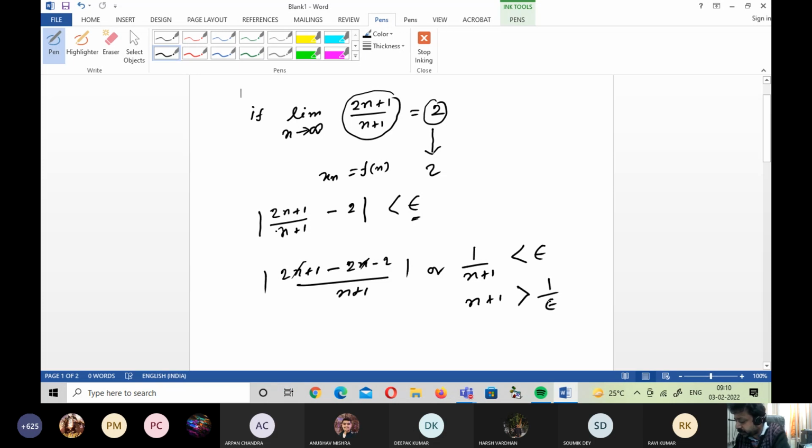Can it be written so? Yes. n is greater than 1 by epsilon minus 1. So n must be greater than this value. So n0 must be taken as some value, 1 by epsilon minus 1 plus 1, because you have to take some greater value, a greater natural number.